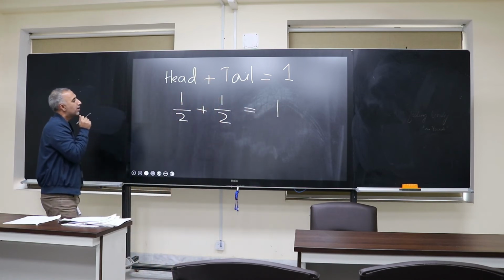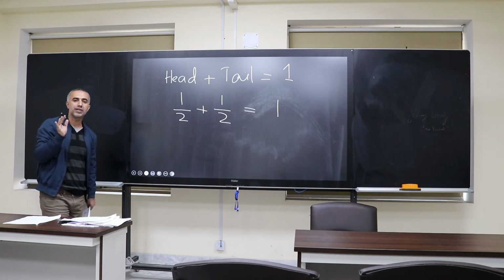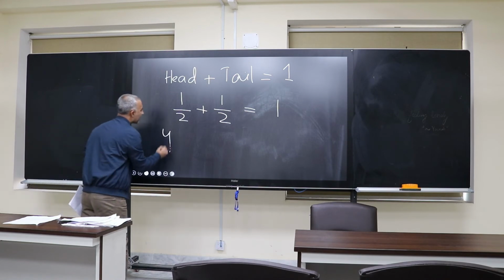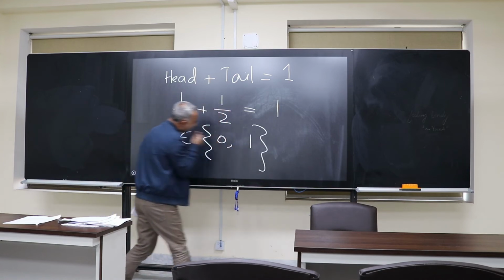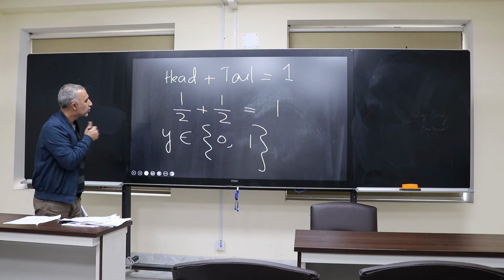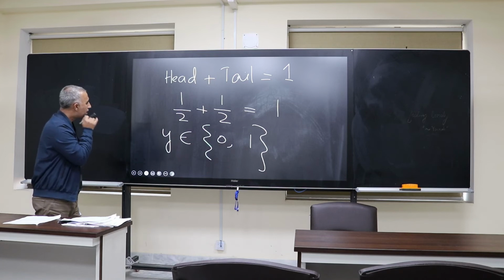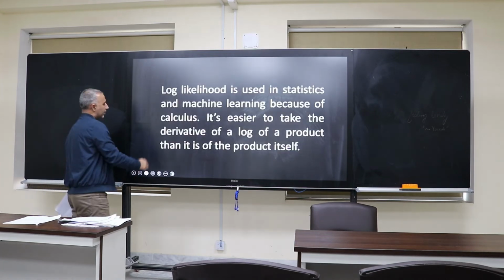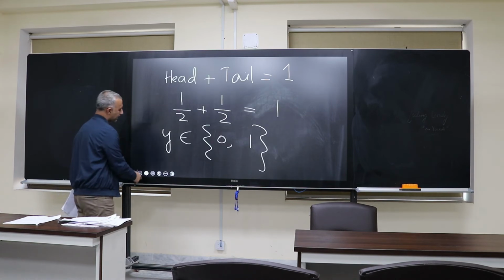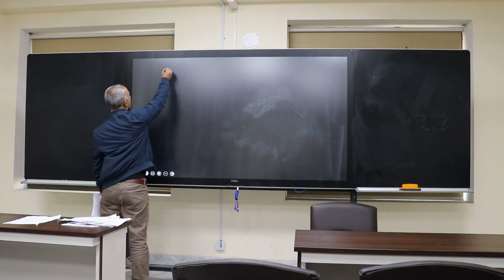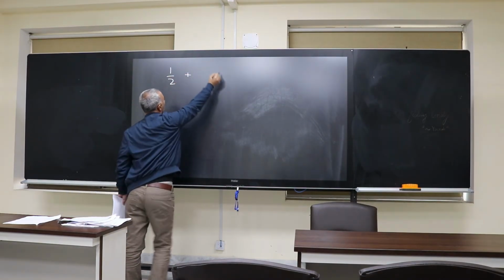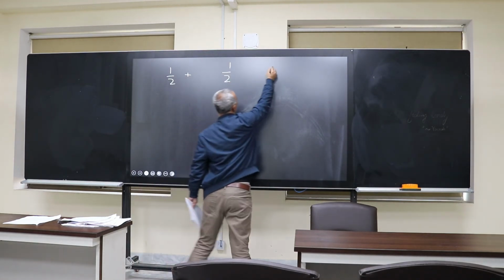Here, in the classification case, we want the output to give us 0 or 1. That is also a kind of binary situation. So in the probability situation, 1 over 2 plus 1 over 2 is equivalent to 1.